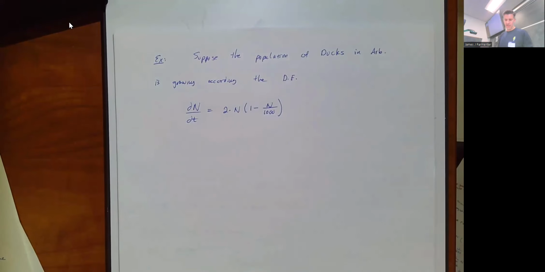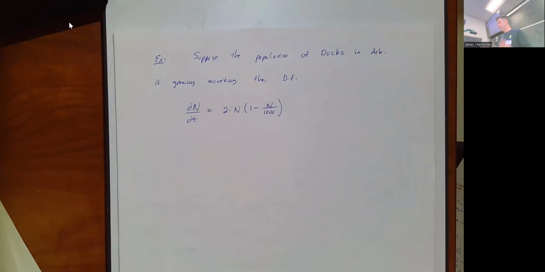Okay, what's the name of this thing? This is an example of a logistic growth model, which you don't actually see from the differential equation. The logistic growth model is more what the actual solution looks like, but this type of differential equation leads to a logistic growth model, which we will talk about.